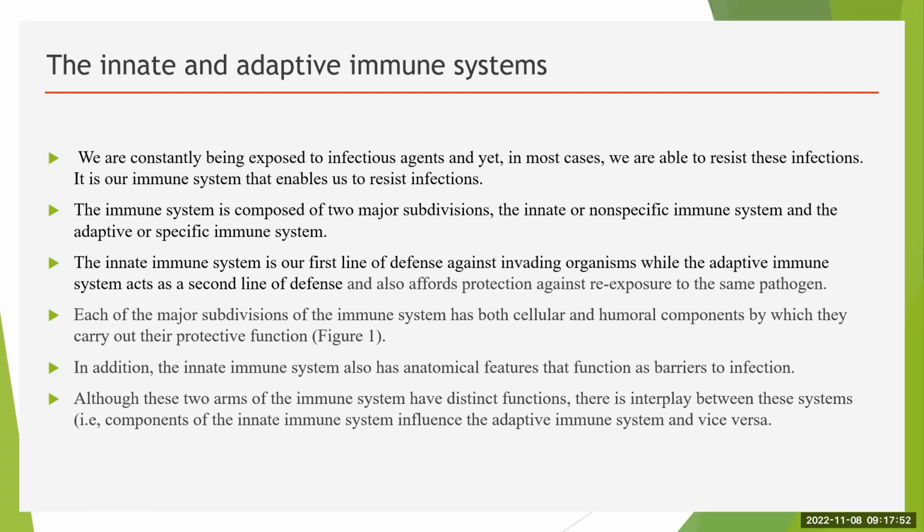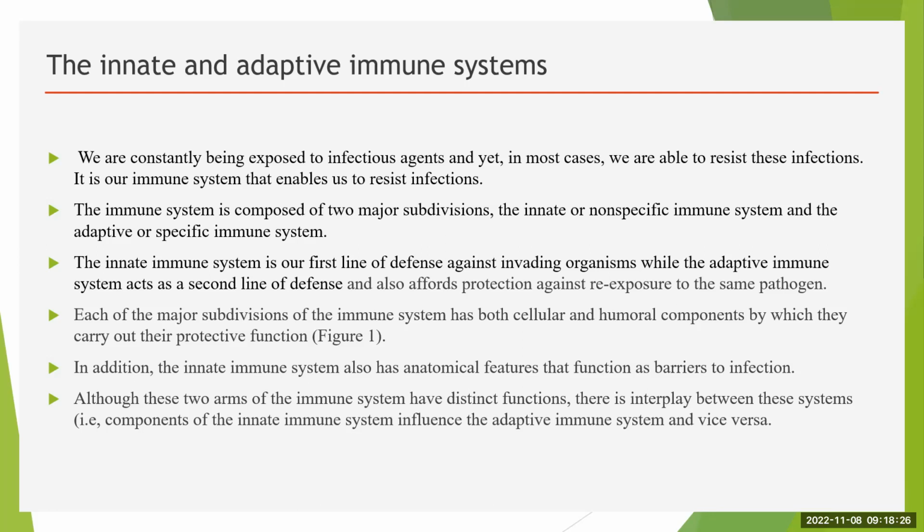And again, the adaptive immune system is also divided into a similar structure of cellular and humoral components, as we will see in one of the figures. In addition, the innate immune system has anatomical features that function as barriers to infection. So the primary purpose of the innate immune system is to provide a barrier to infection.